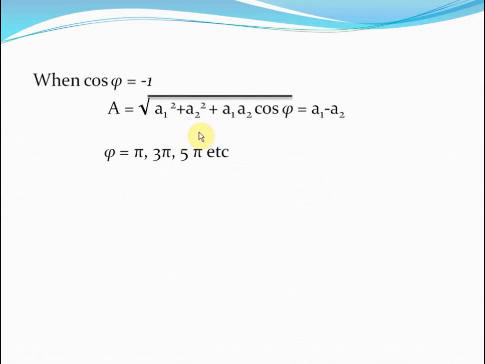So when phi is pi, 3 pi, 5 pi, etc., cos phi will be minus 1 and the resulting amplitude will be minimum. So whenever phi is equal to 2n plus 1 into pi, that is an odd number, into pi, the amplitude of the resultant wave will be minimum and there will be destructive interference.